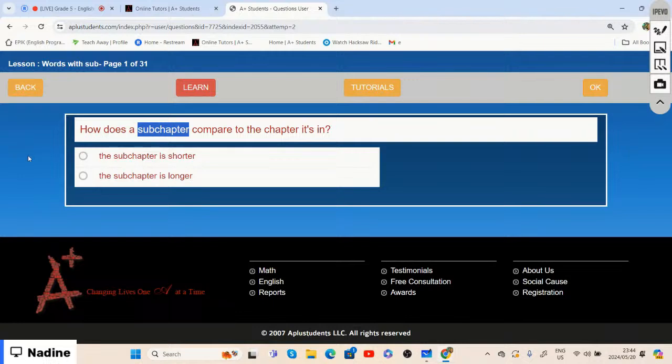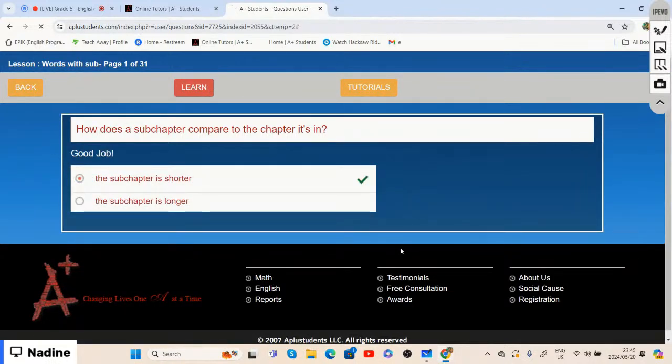Is a sub chapter shorter or longer? All right, so we can then say a sub chapter is shorter.